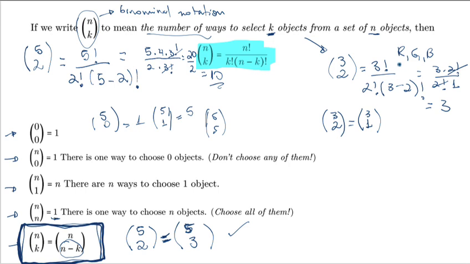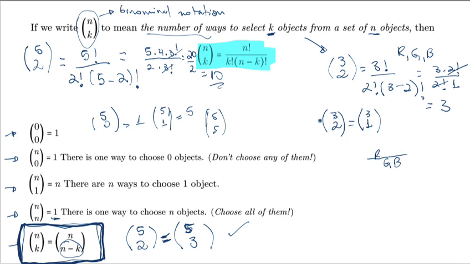Because when you're selecting 2 objects, for example, if the green ball and the blue ball step up here, you're actually selecting a group of 1 object on the other side of the boundary.